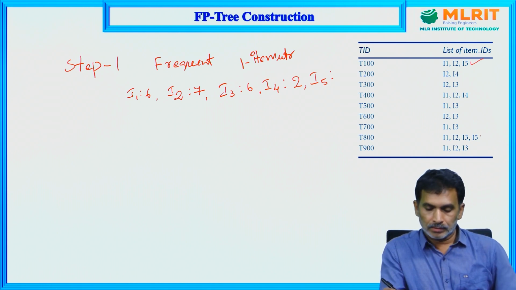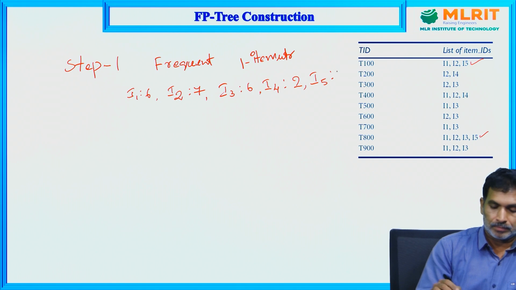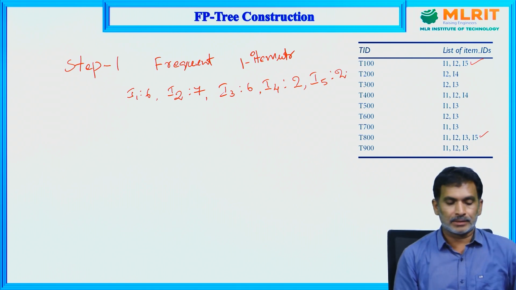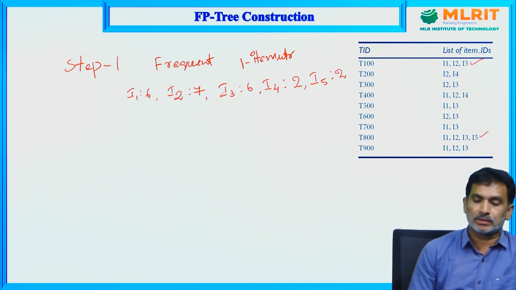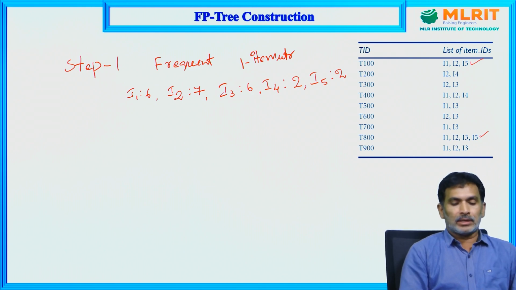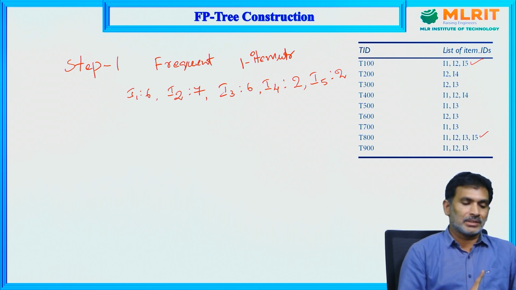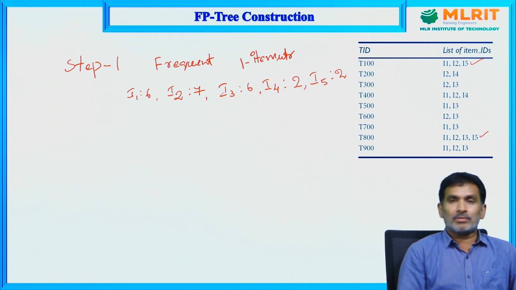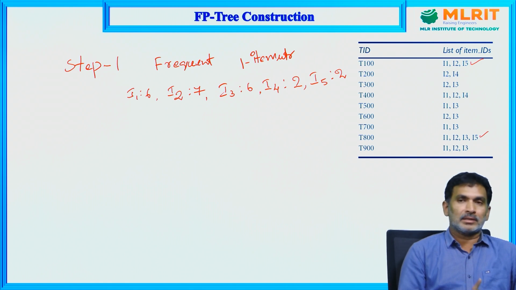First, second. Only 2 transactions. So first we scan the entire database and find the frequency of each one item set. The individual frequencies need to be calculated by scanning the entire database. This step is the same as in Apriori.